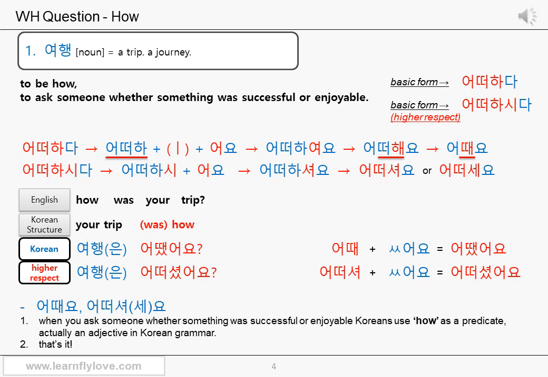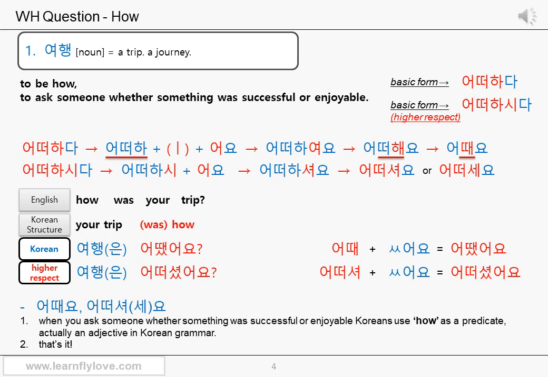What you have to remember is just that when we ask someone whether something was successful or enjoyable in Korean, we use 어때요, and it's the translation of the English interrogative adverb how, but it's actually an adjective predicate in Korean. So you normally position it at the end of the sentence anyway.